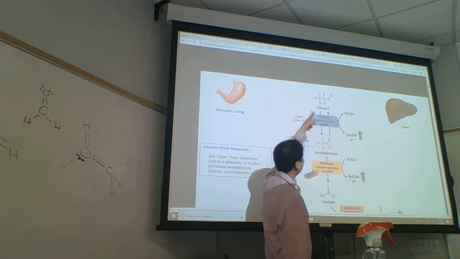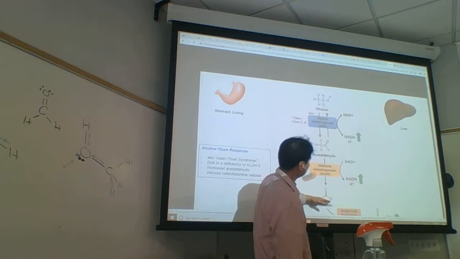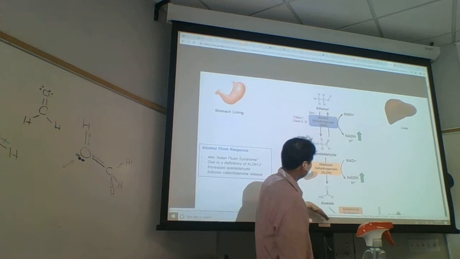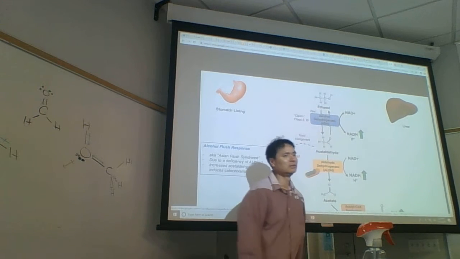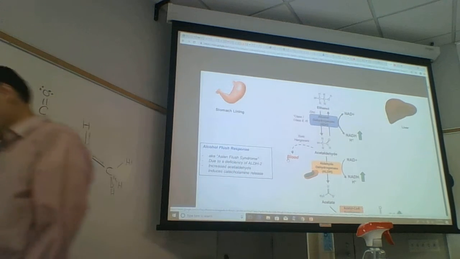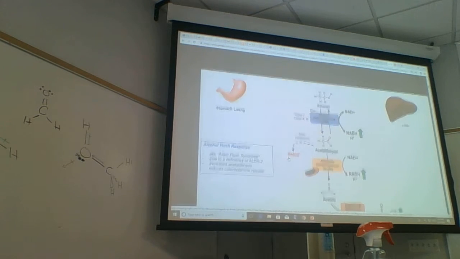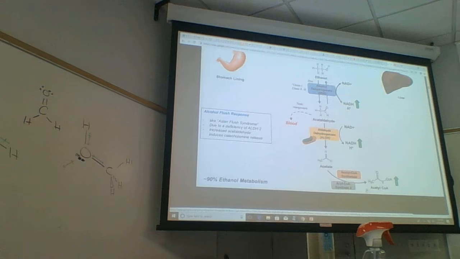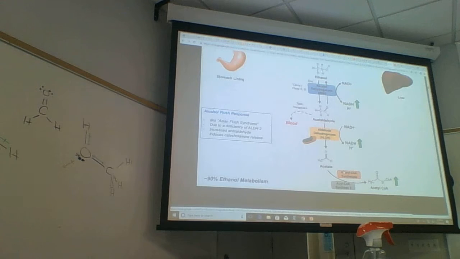What happened in my wine was that my ethanol got oxidized to this point. But I'd rather drink acetic acid than acetaldehyde. Actually, I'd rather not drink either, though, if I had to drink one. And then it gets thrown into your regular metabolic cycle.